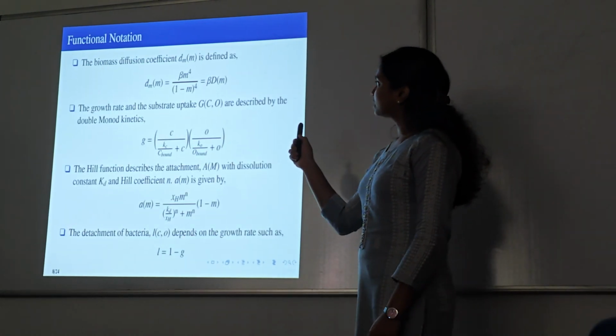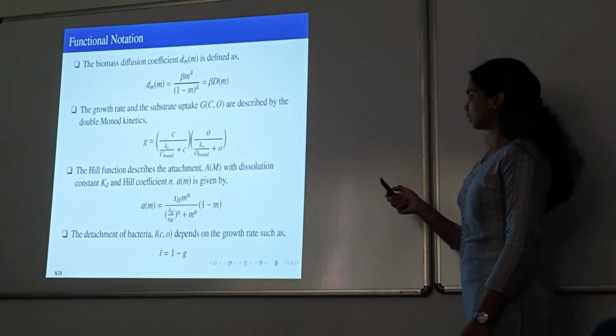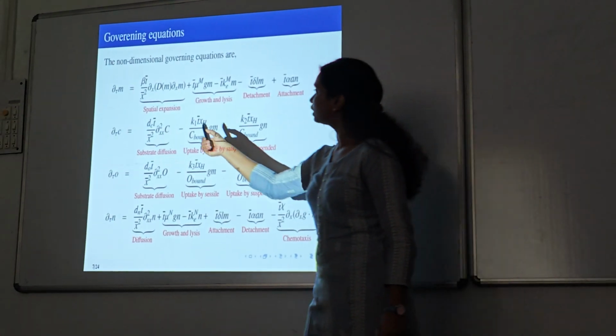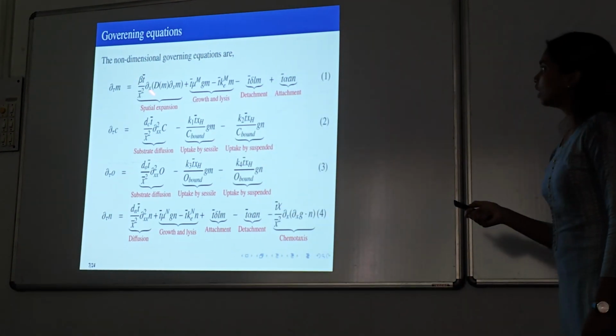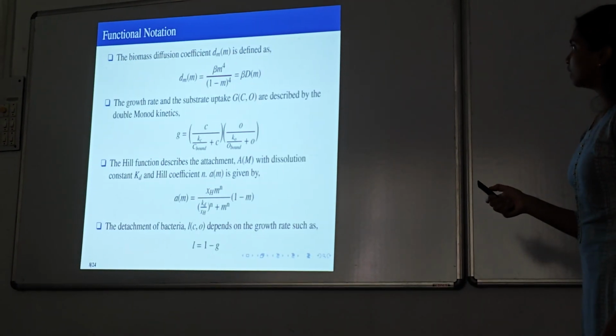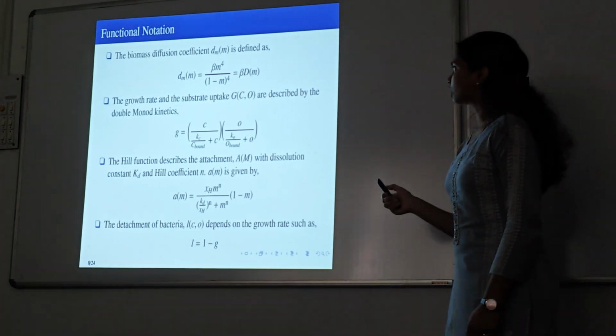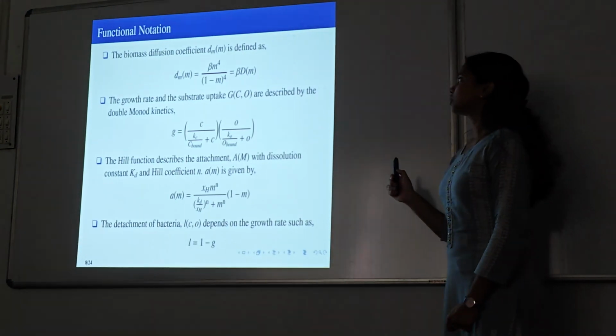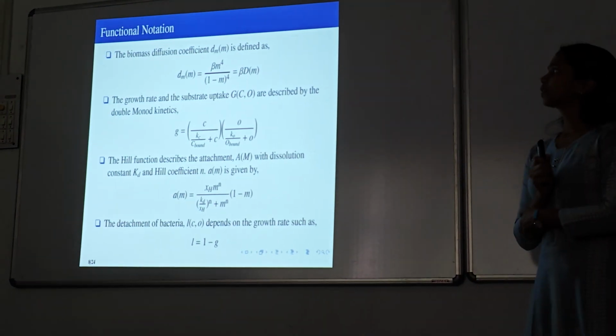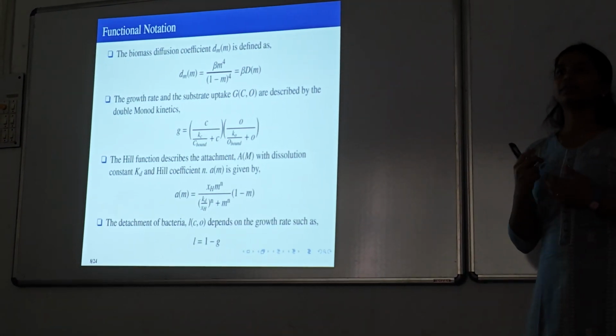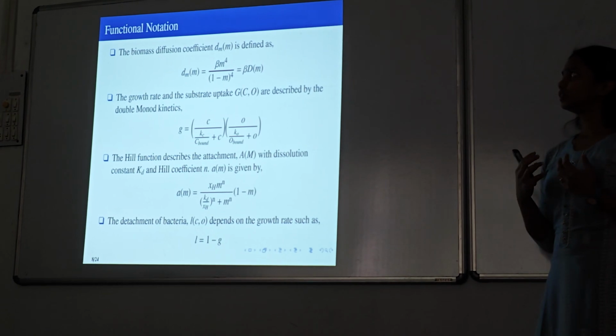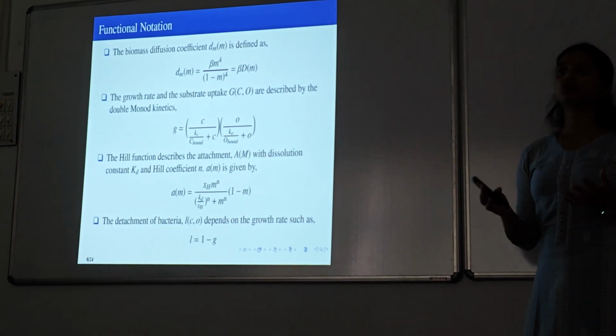So the density dependent diffusivity that I have expressed here is described with this function. I have chosen this function specifically because I'm assuming that the biomass in the biofilm doesn't diffuse if there is no biomass.